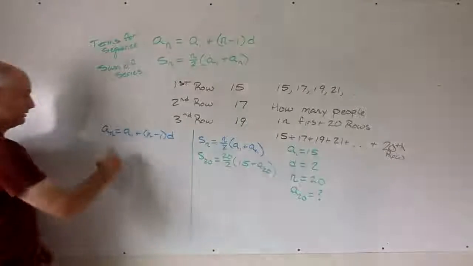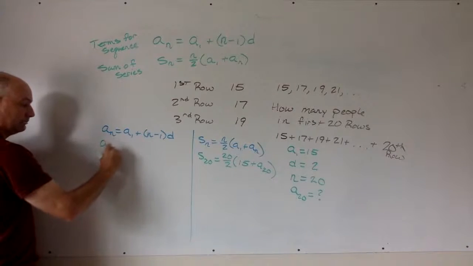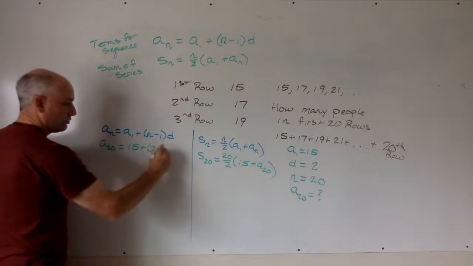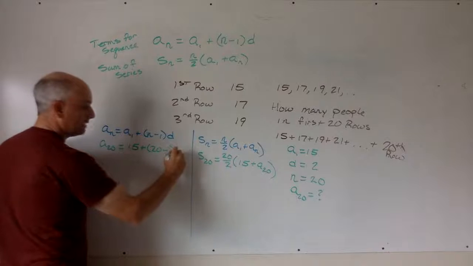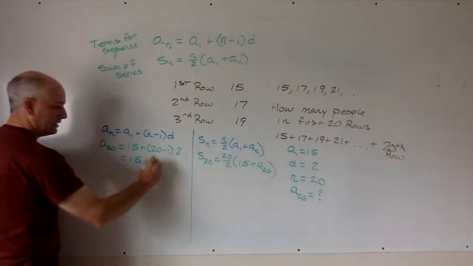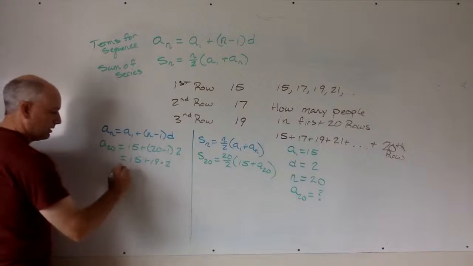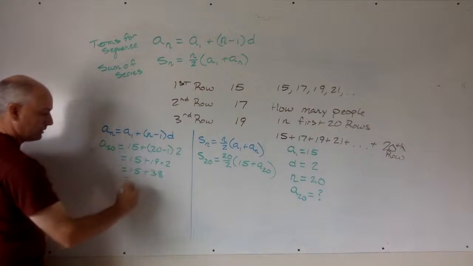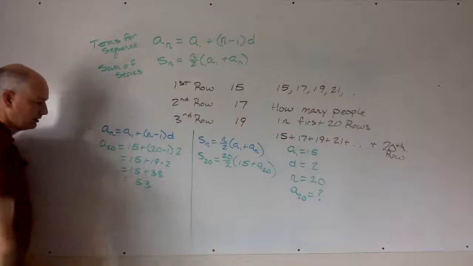Come to the other formula. A sub 20 is equal to a sub 1 plus 20 minus 1 times our d of 2. 15 plus 19 times 2. That's 15 plus 38. Looks like we have 53.